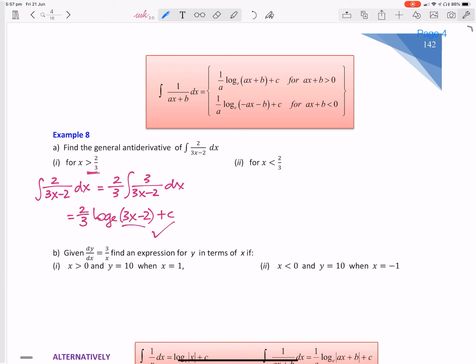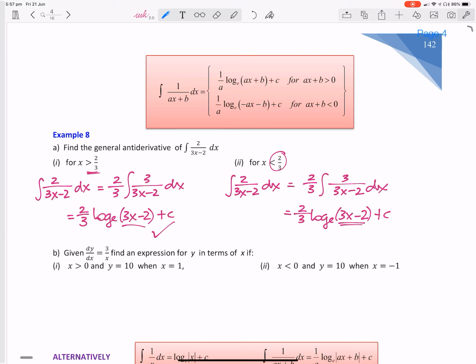So what we do is we say the integral of 2 on 3x minus 2 dx is equal to 2 on 3, just like we did before, 3 on 3x minus 2 dx, which we know is 2/3 log e 3x minus 2 plus c. However, if we want to use x as less than 2/3, we want to make this positive.